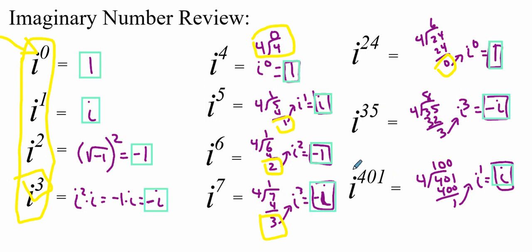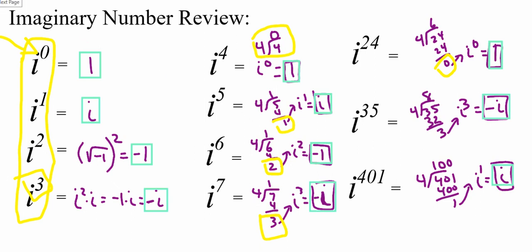Same thing with 401. What's the closest multiple of 4 that's below 401? 400. So this number is 1 away from a multiple of 4, which means it's going to match up with i to the 1, which is i. So that's how I do it.